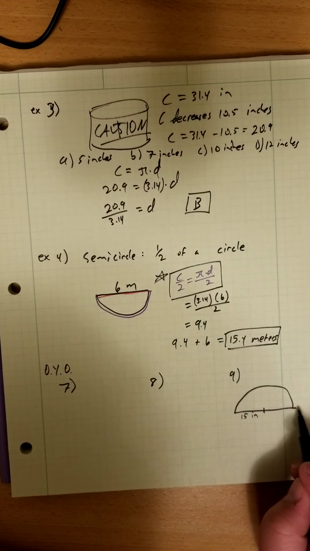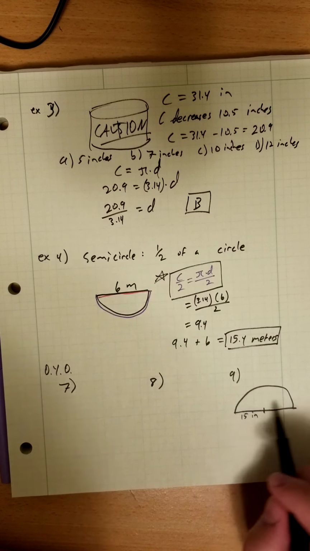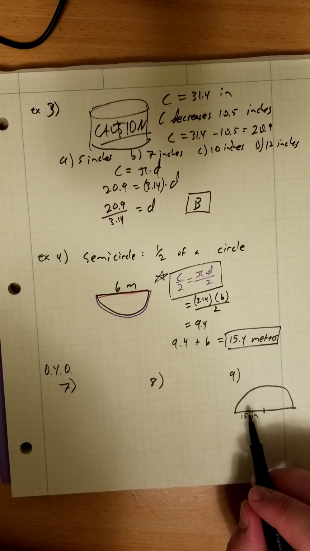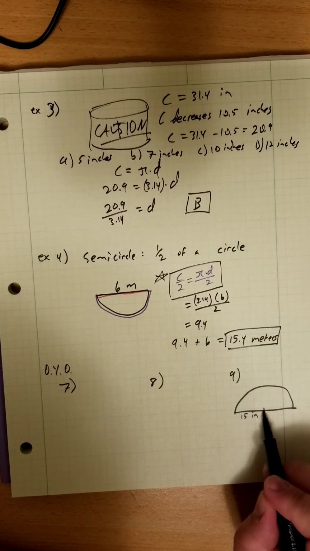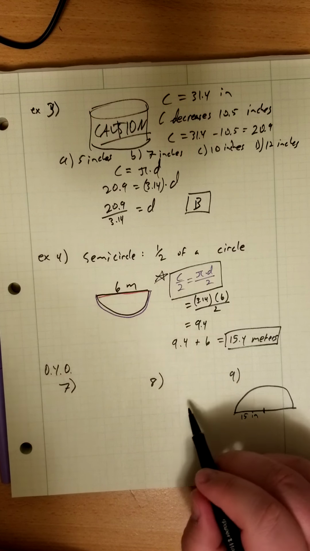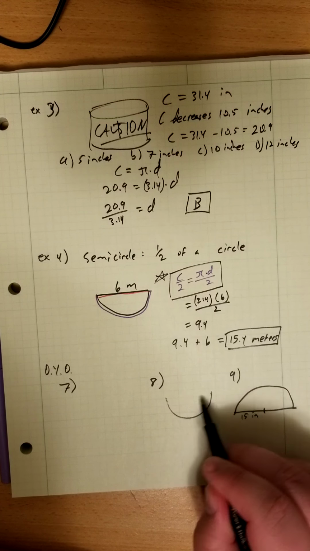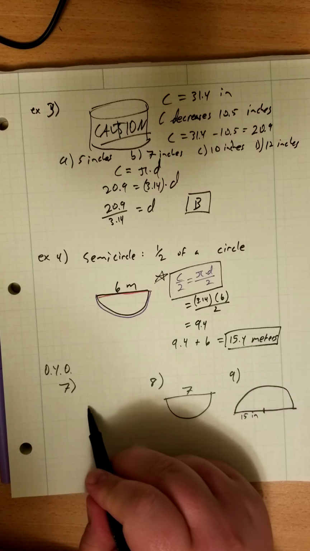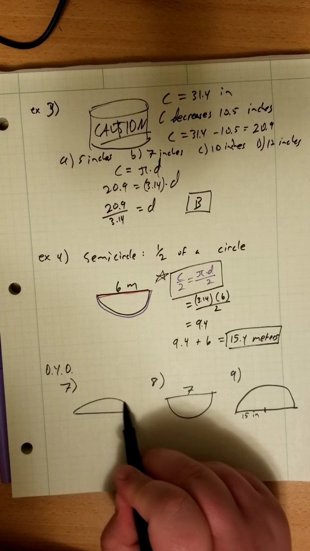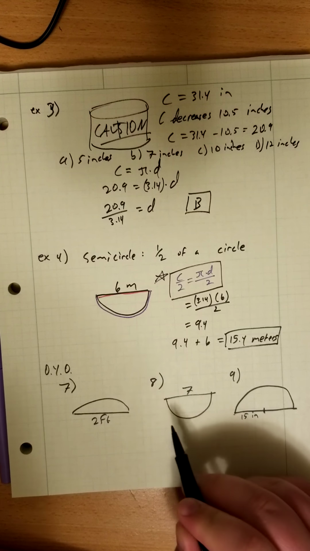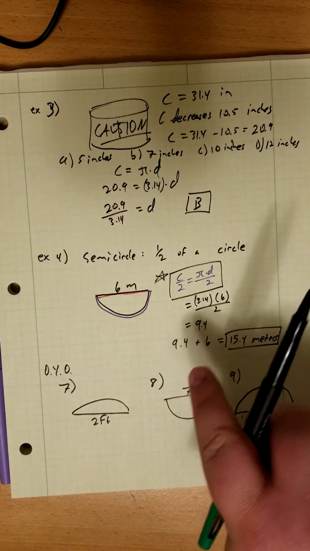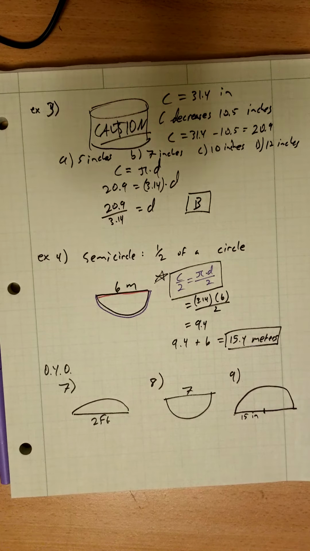So you would have to find the whole diameter, or you can use the equation of a circumference using radius, because this is the radius that they give you, not the diameter. The other ones were nice and gave you the full diameter. Okay, go ahead and find the perimeters of each of these three shapes. Pause the video now and do that.